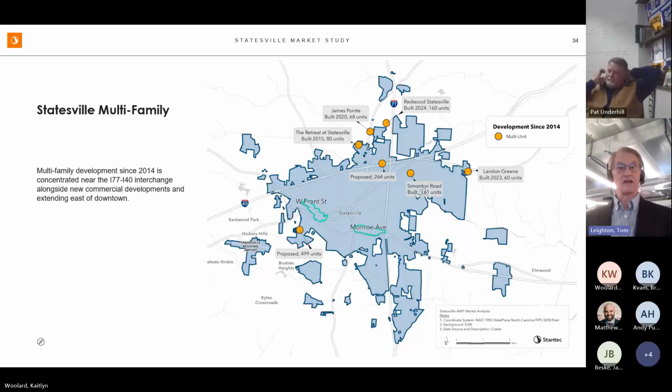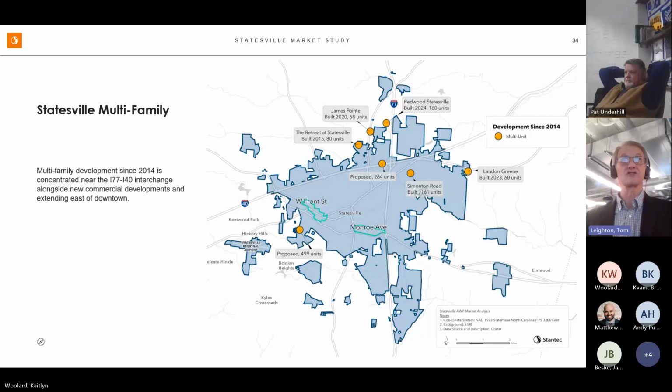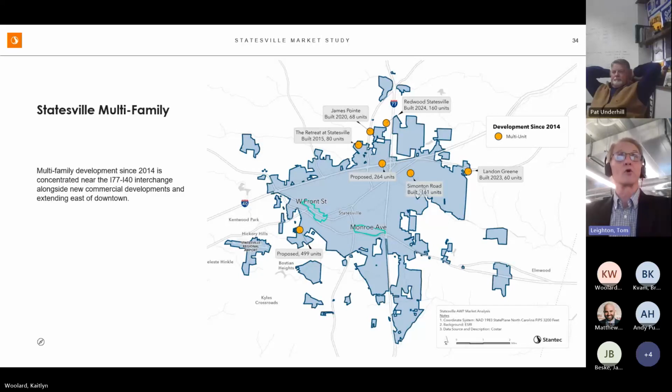So that is a market threshold where new multifamily housing is starting to occur here. It's starting to occur in suburban locations. It hasn't happened yet in Statesville's core, but that doesn't mean that as these are successful, you might be approaching a demand for multifamily housing in more core locations as well. Next slide, please.